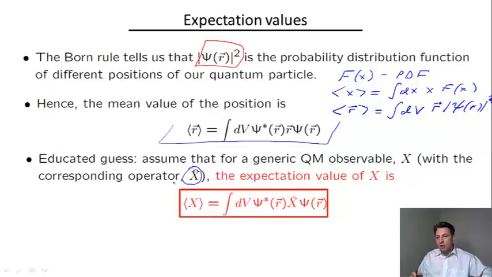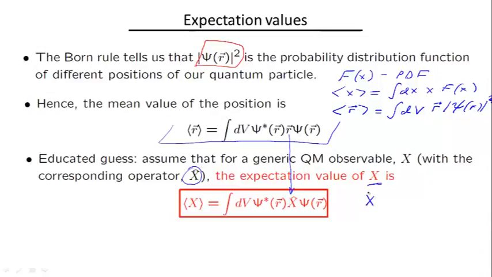The expectation value of this quantum observable x is going to be calculated in full analogy with this equation by simply replacing the coordinate operator in this equation with the operator x, whatever it is. So for example, if x happens to be momentum, then the expectation value of momentum is going to be an integral of psi star times minus i h bar gradient of psi, etc.